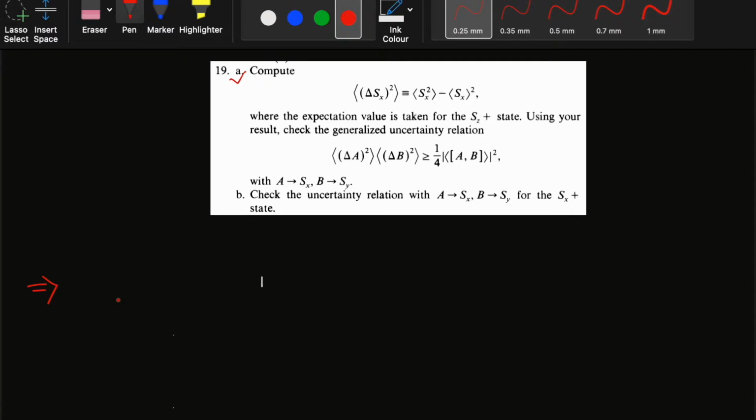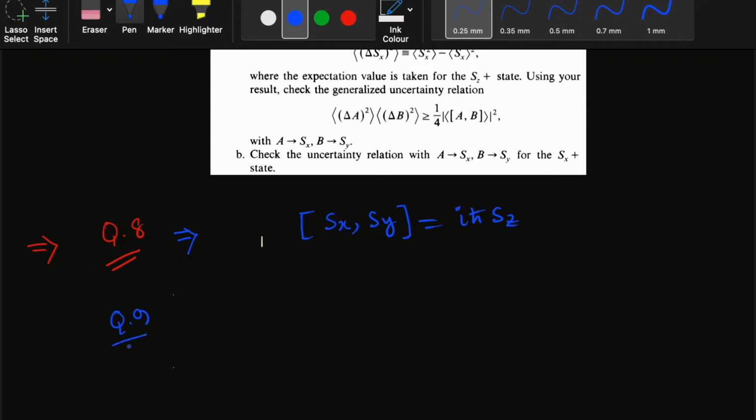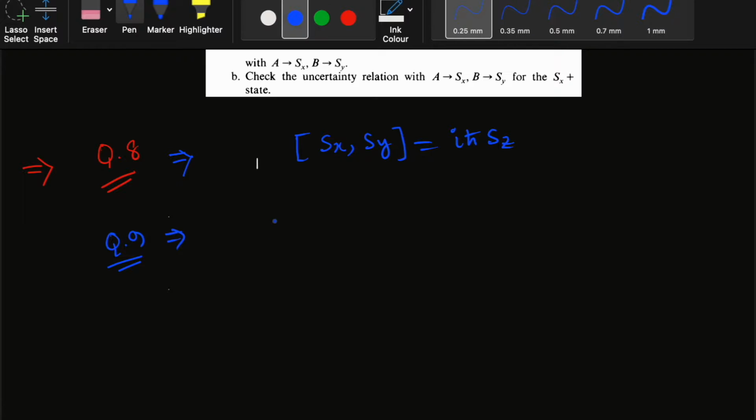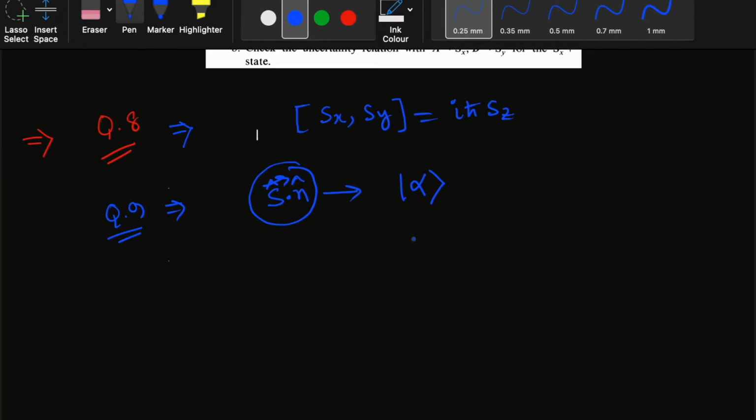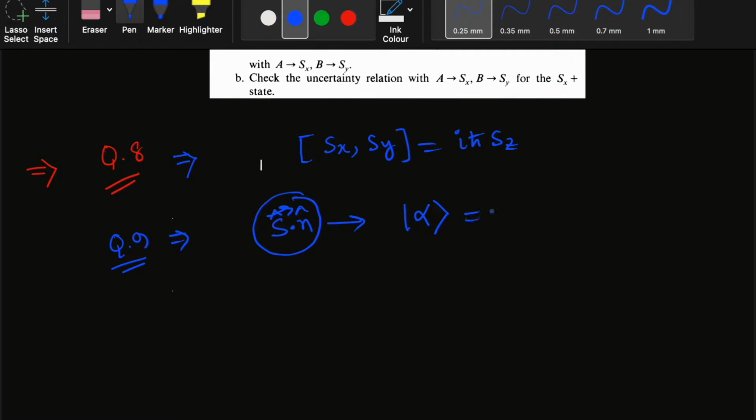From question 8 we know that the commutation of Sx, Sy is equal to i h cut Sz, and from question 9 we know that for an operator S dot n cap, the eigenstate of this operator, suppose alpha, can be represented in terms of the eigenstates of the plus Sz basis and minus Sz basis. How can we do so?